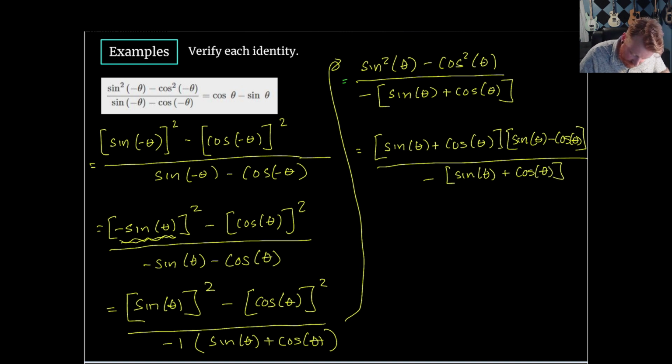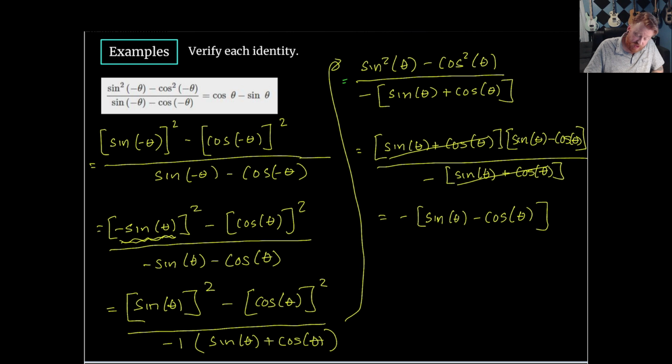Now I see that this sine theta plus cosine theta cancels with this sine theta plus cosine theta. What we're left with is a -1 in the denominator, and we can just put it in the numerator: negative sine of theta minus cosine of theta, which is looking pretty close to what we're trying to get here if I distribute the negative.